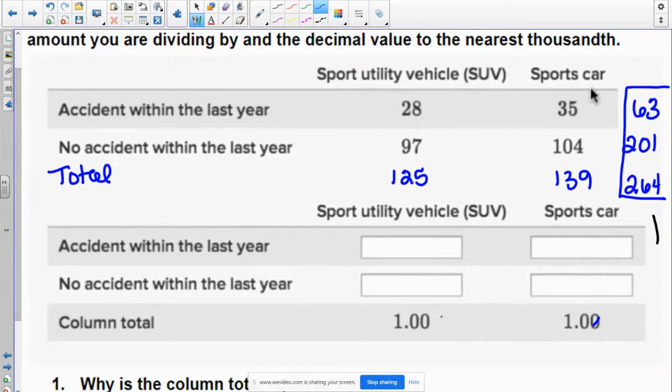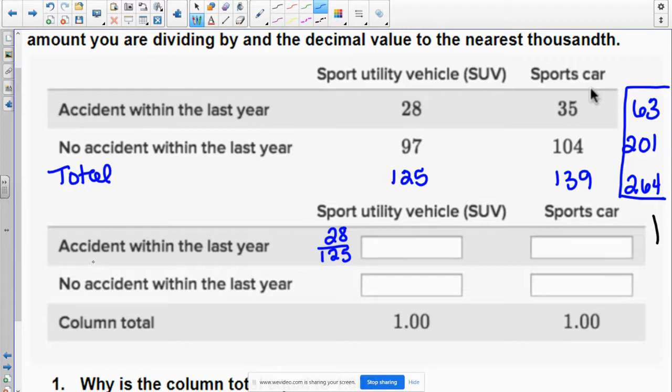Since we're looking at column total of 1 here, and we'll explain that when we get done. So we have 28. We're going to put 28 over the total of 125 SUVs.